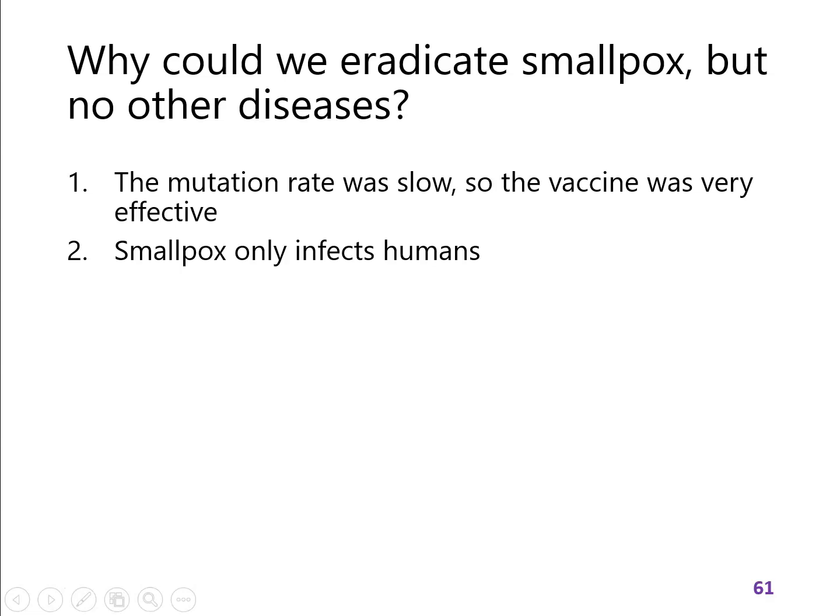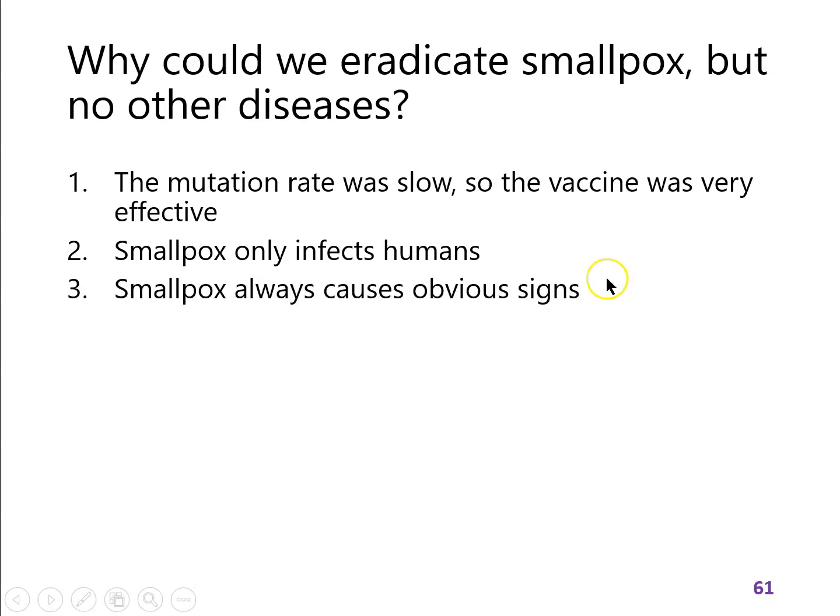And then another big one is smallpox always causes signs. You can look at someone and know they're very sick if they have smallpox. Typically, you can look at them and know they have smallpox during a large part of their disease. But someone who is infected and able to spread this virus is so sick that they're not walking around doing anything.